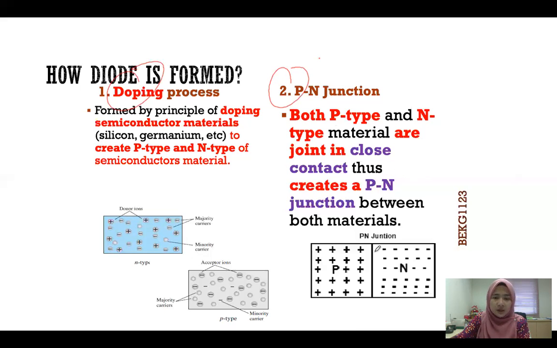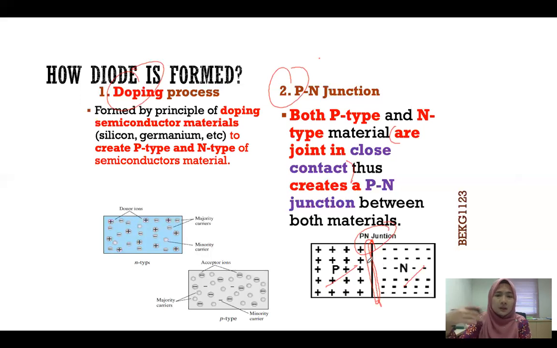The PN junction is the junction in the middle. It is created when both the P-type material and the N-type material are joined in close contact, and it will create a PN junction in the middle. Okay, so this is the PN junction.